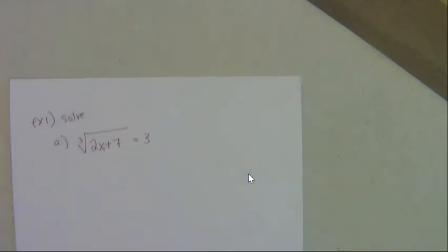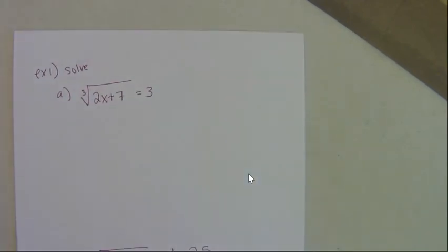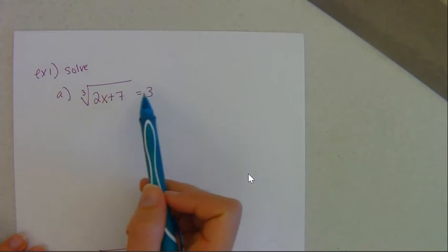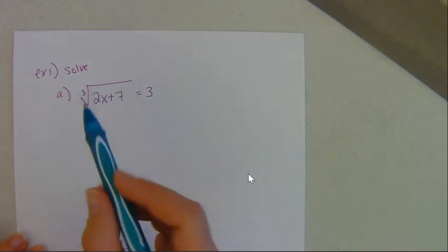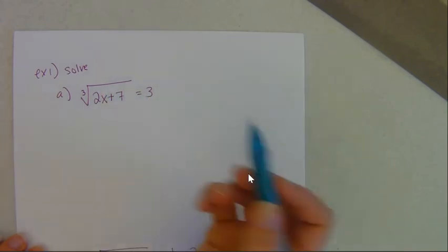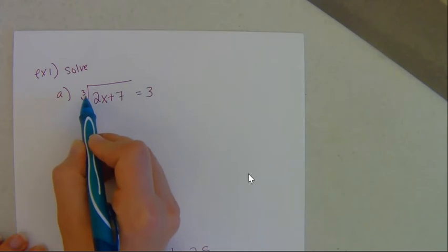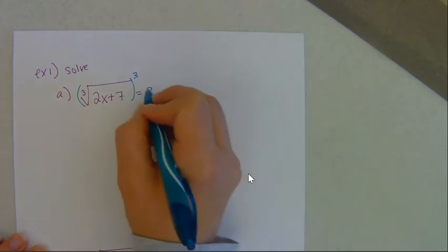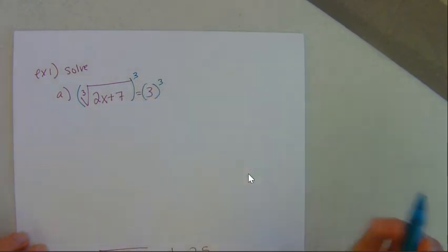All right, so here we go. Example 1. We're going to go ahead and solve this. The first thing we want to do is get this radical term by itself. You can see there's nothing extra being added or subtracted here, so this radical is already by itself. So I have to get rid of this third root, which means I am going to take a third power. I'm going to take each side to the third power so that they match.